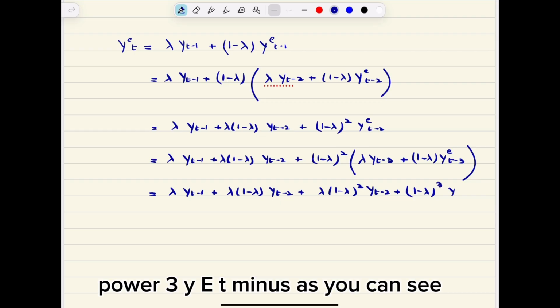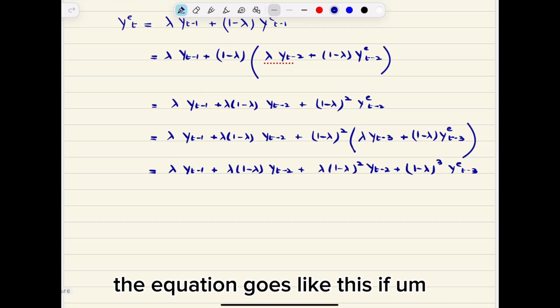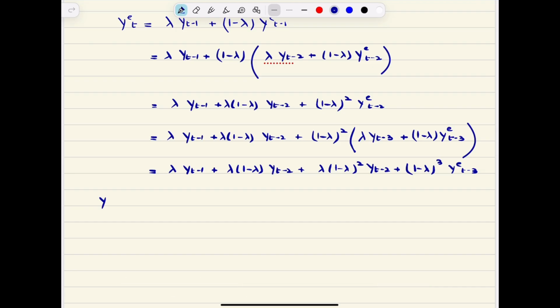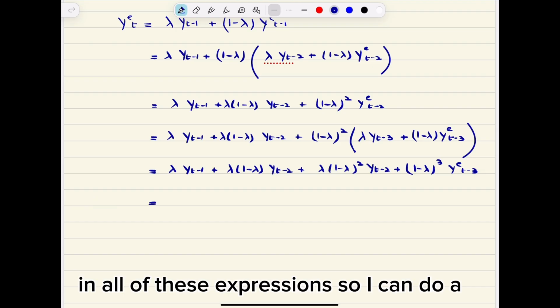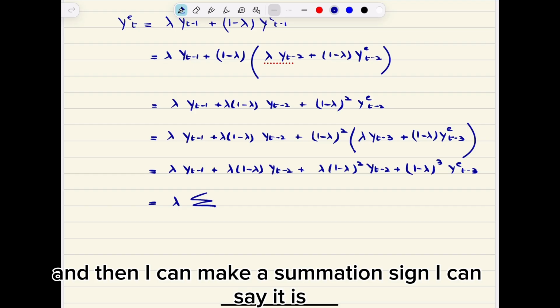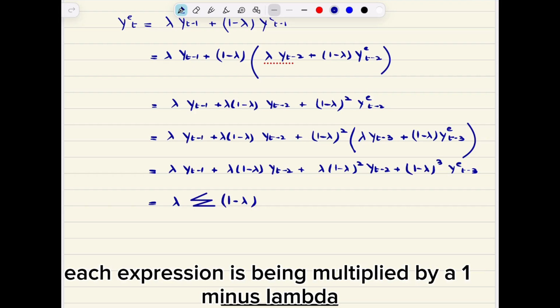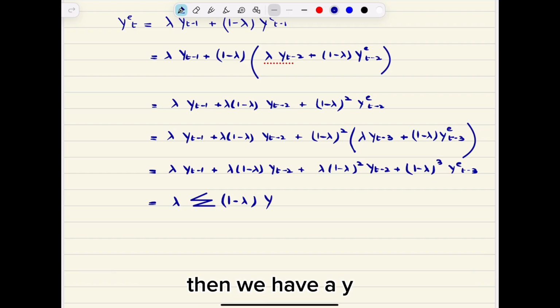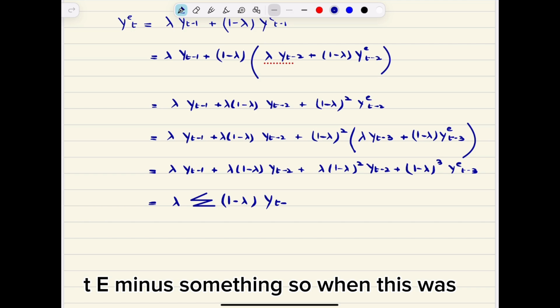Power 3 Y^e_{t-...}. As you can see, the equation goes like this. There's a lambda in all of these expressions, so I can take it out, and then I can make a summation sign, and each expression is being multiplied by a (1 minus lambda). Then we have a Y_{t-something}.